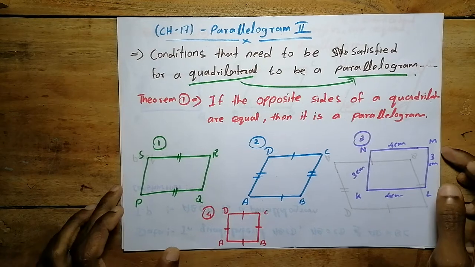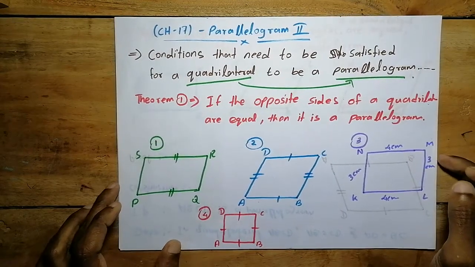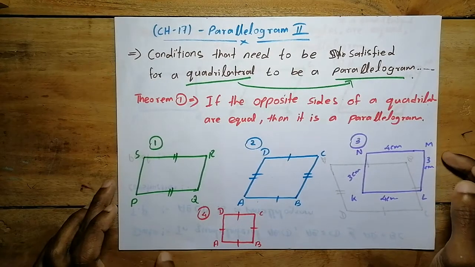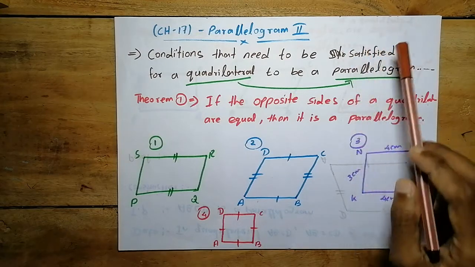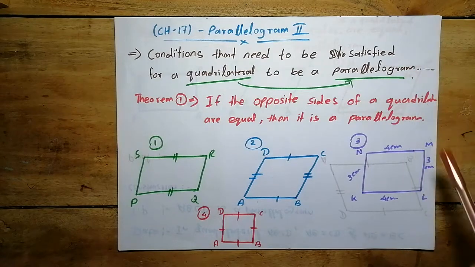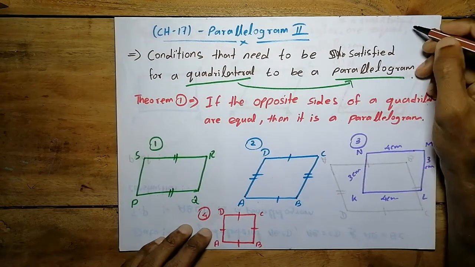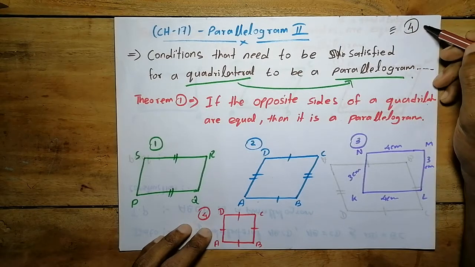Okay, when we start the first theorem, you can easily understand how it is going to be. It's like the congruence of triangles. If 2 triangles are given, you are going to check under which rule. You have 4 rules for congruency, so you check with the data.